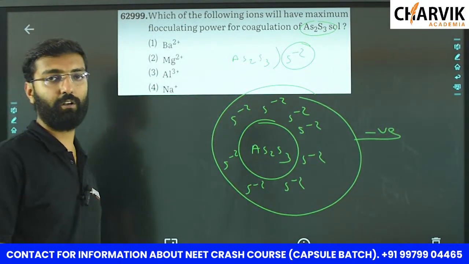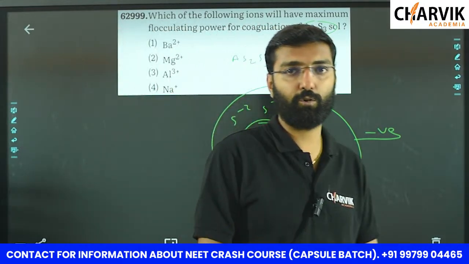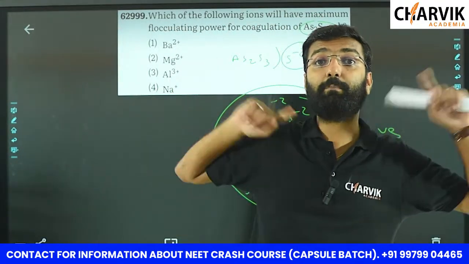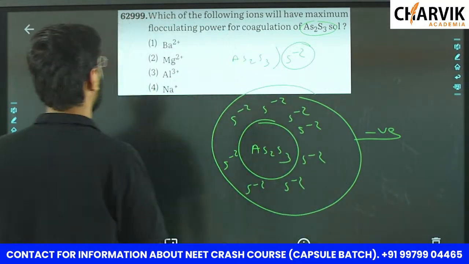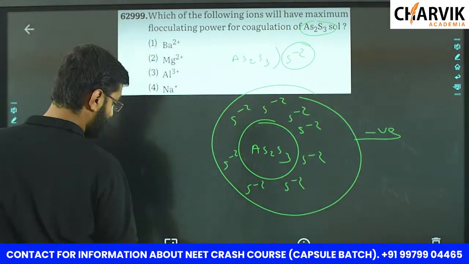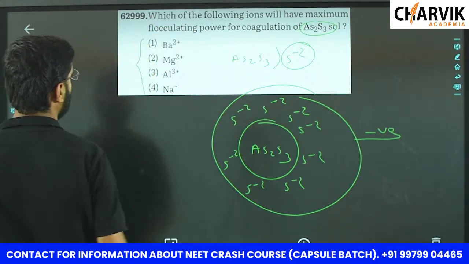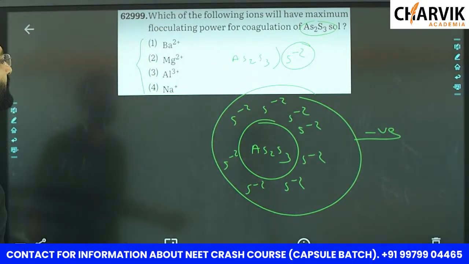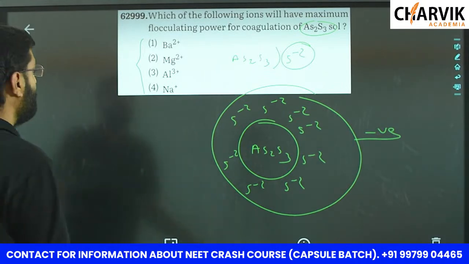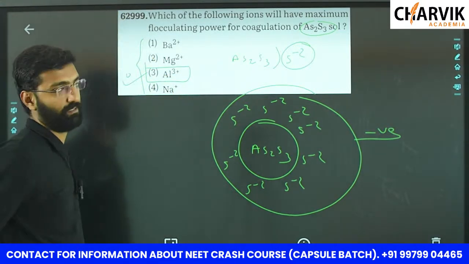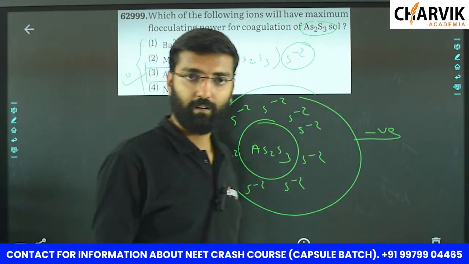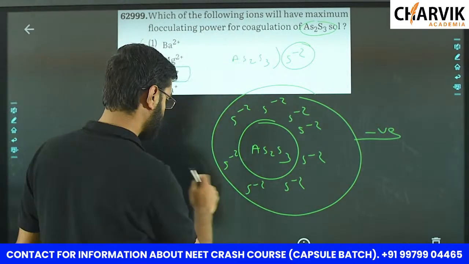And for flocculation of a negatively charged colloid, we require a highly positive charge. So see in these four options, Ba2 plus, Mg2 plus, Al3 plus and Na plus. Answer is simple yaar, Al3 plus. This is your correct answer. Done. Move to next question.